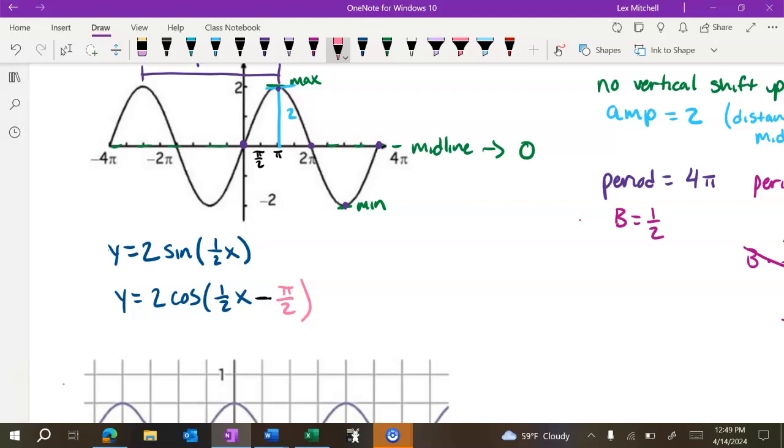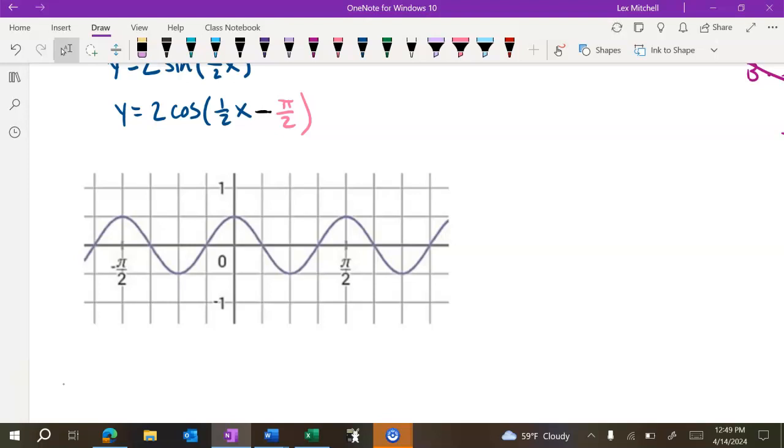So if we look at another example, again, I would start with my midline, which I can see a max of 1/2, a min of negative 1/2. So I know that my midline is once again going to be 0. Amplitude is going to be 1/2. From there, for this problem, I think it's going to be a little bit easier to go from max to max.